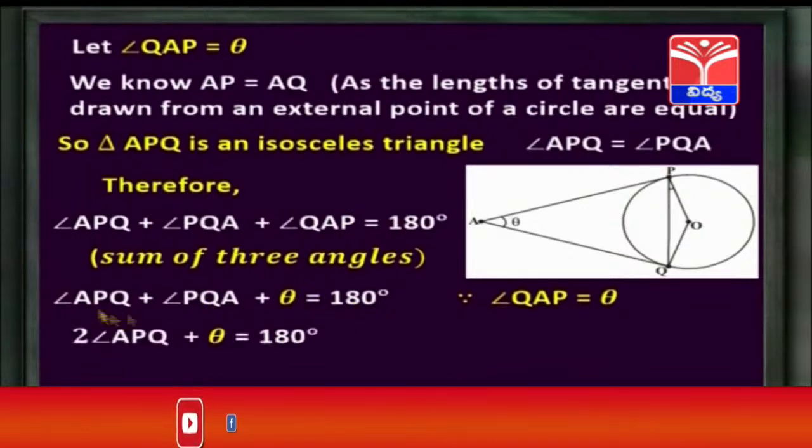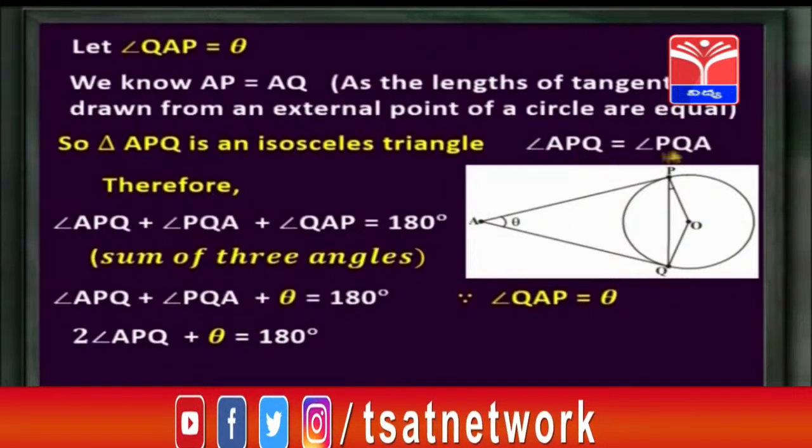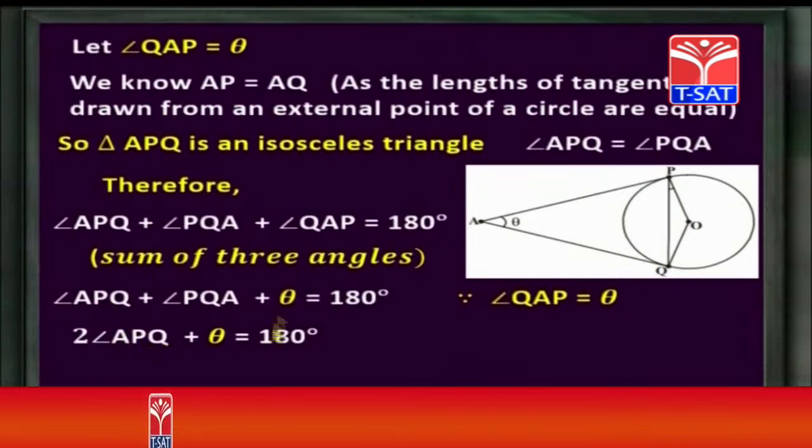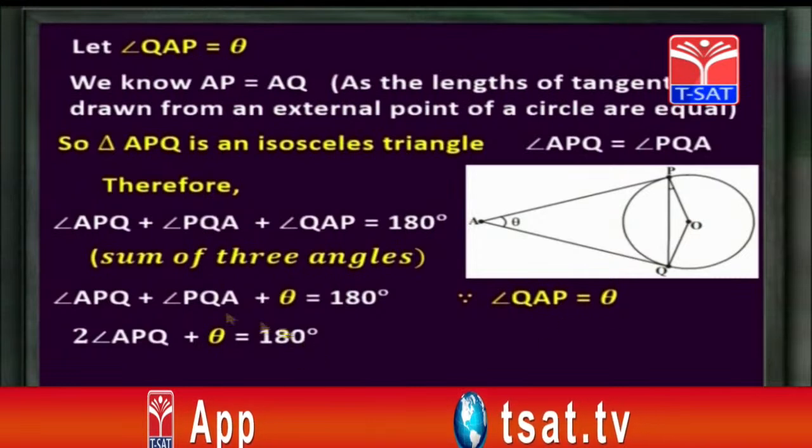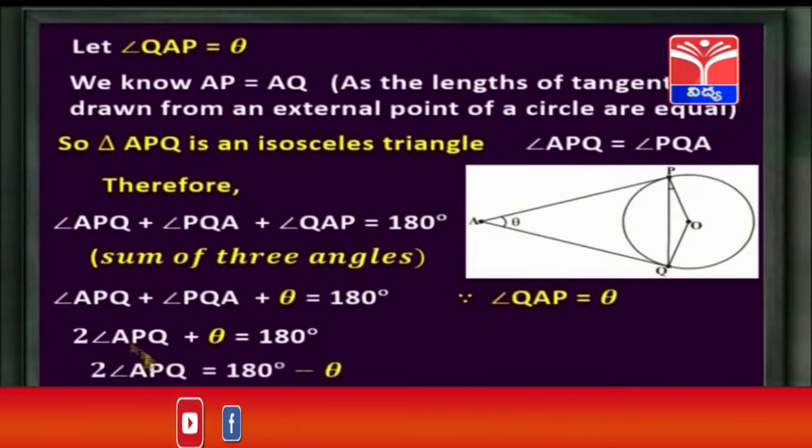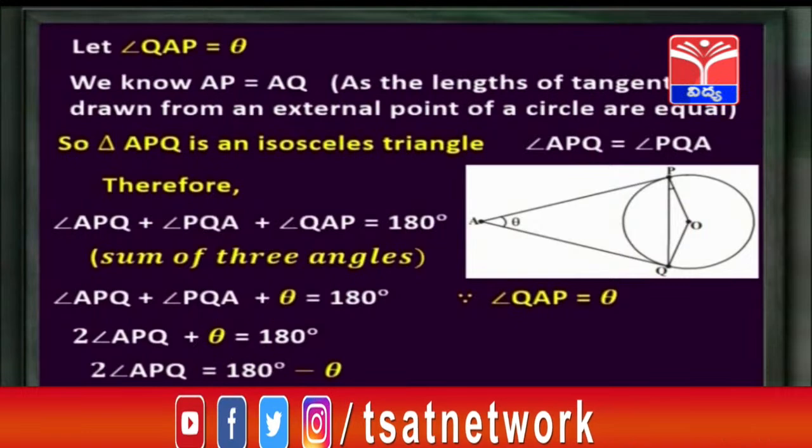Now, APQ and PQA are both the same. Then I can write 2 APQ plus theta is equal to 180 degrees, which I can write as 2 APQ is equal to 180 minus theta, sending theta to the right hand side.